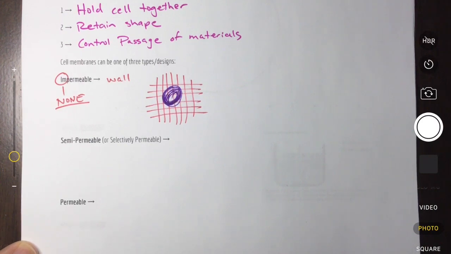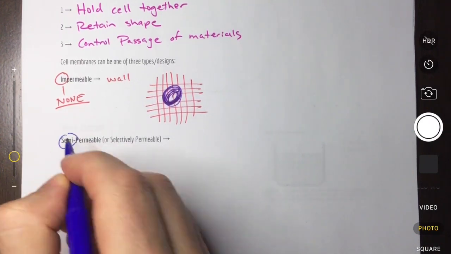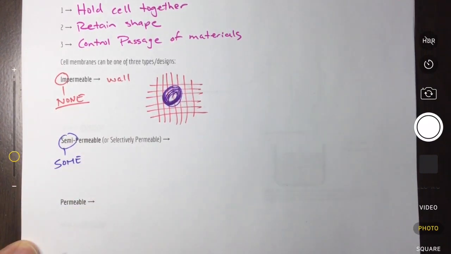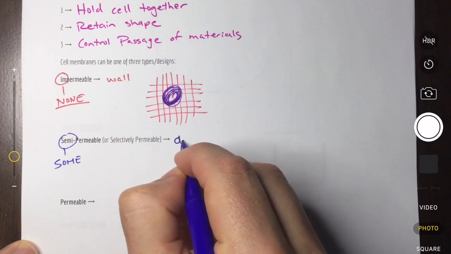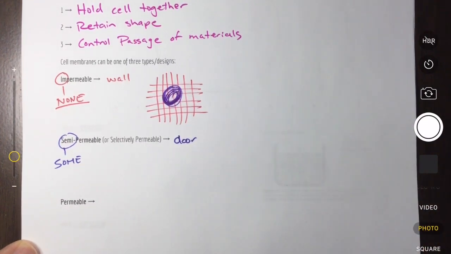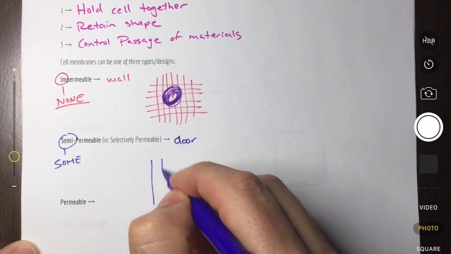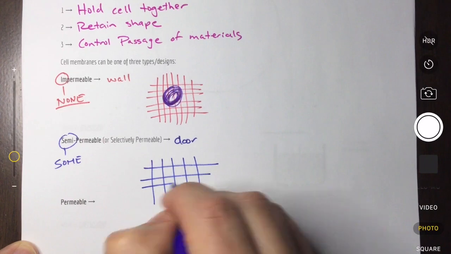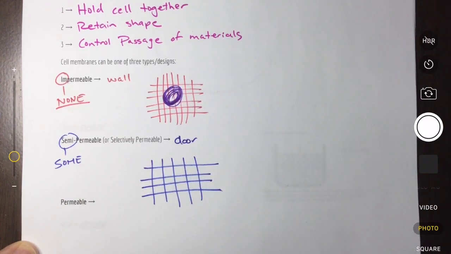The second type that we can have is semi-permeable. And again, semi refers to some. This we can think of kind of like a door. If we have a cell membrane that is semi-permeable, we will have some spaces in our cell membrane where, depending on the shape and size of the item, those items may be allowed through if they can fit through that door.